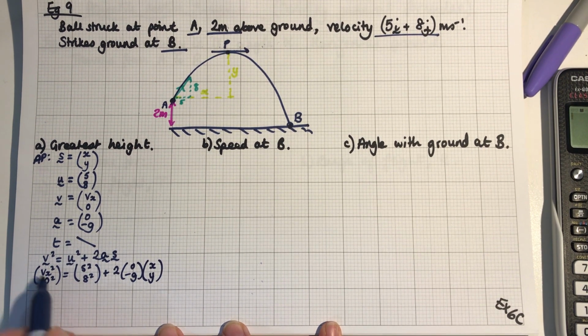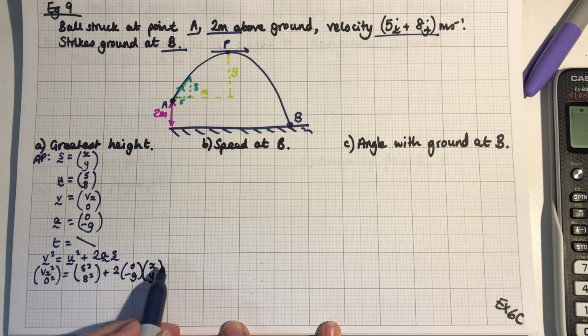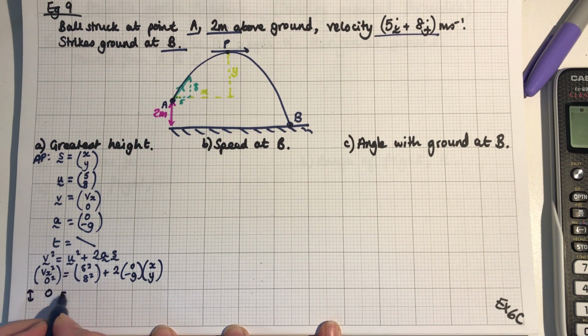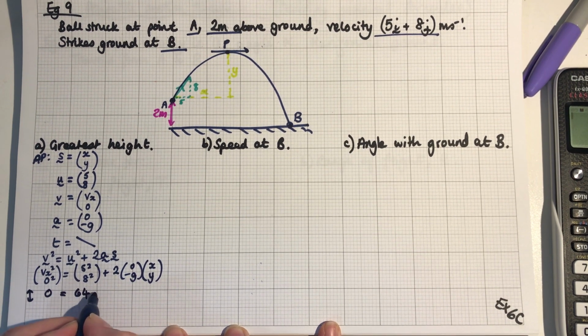If I look on the top row here, I have two unknowns, Vx and x. That's no good to me at the moment. The bottom row, however, the vertical motion, gives me 0 equals 8 squared, so 64, minus 2gy.